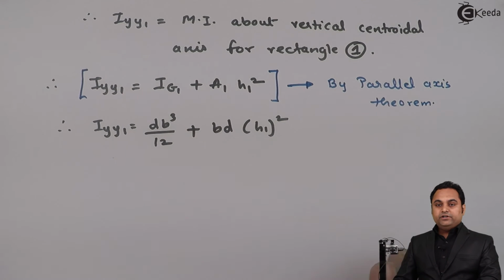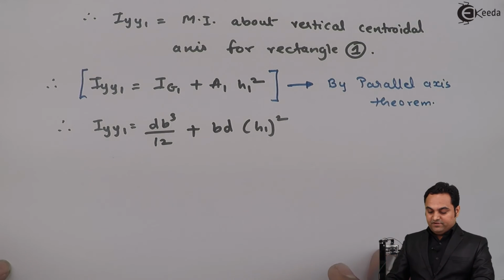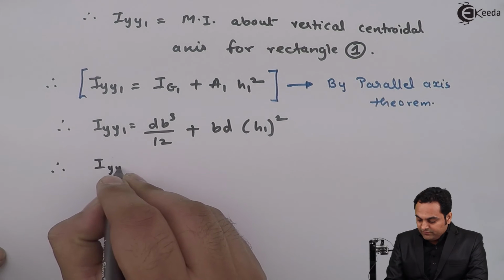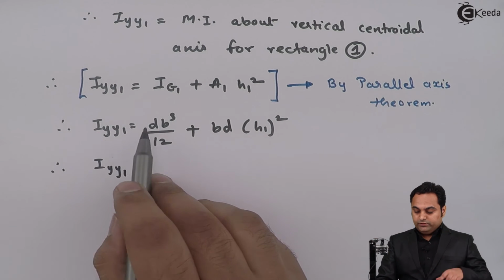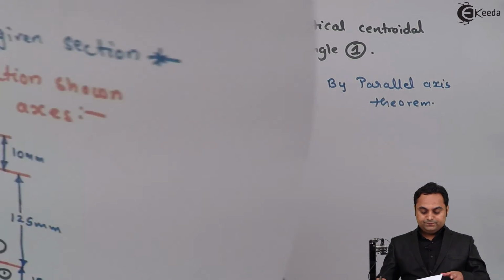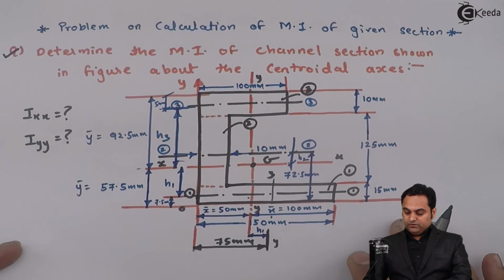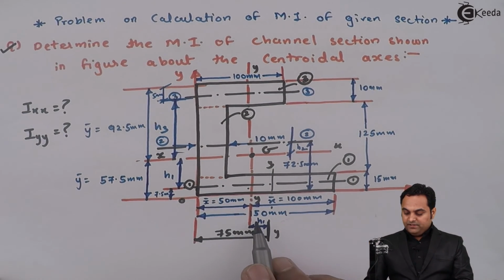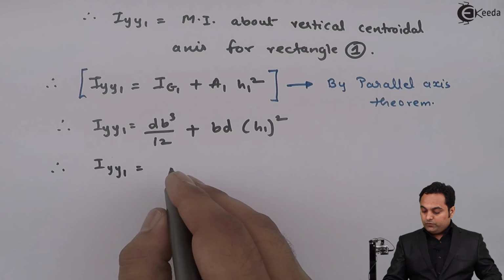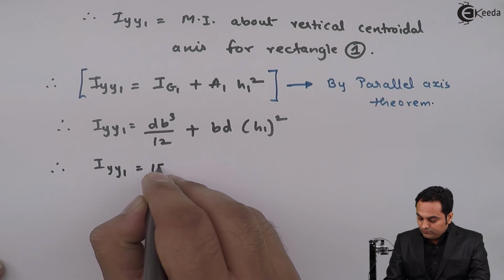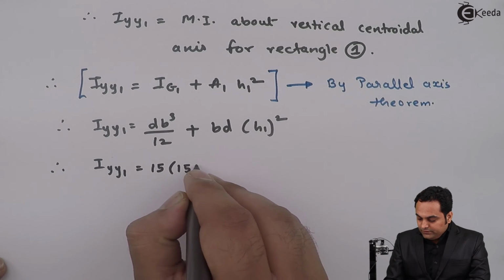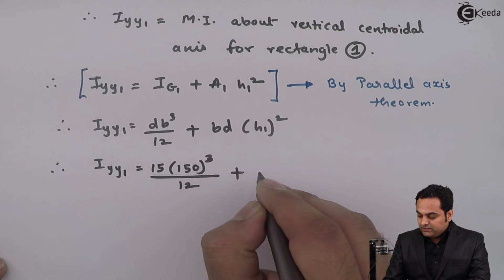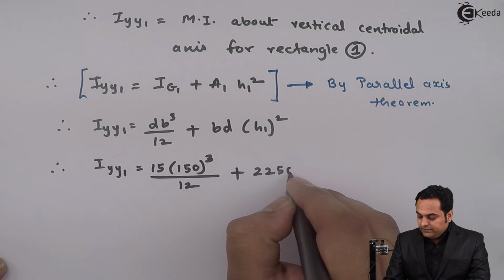Now we need to find out the values of Iyy1. So therefore Iyy1 is equal to d and b values. Here for rectangle number 1, d is 15 and b is 150. So 15 into 150 cube divided by 12 plus b into d.